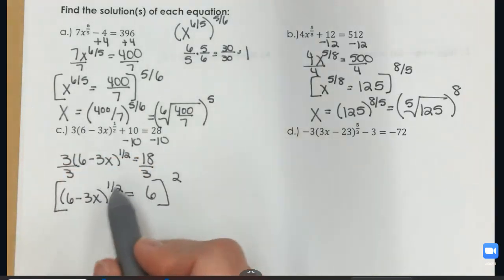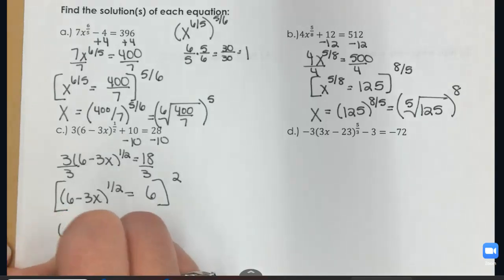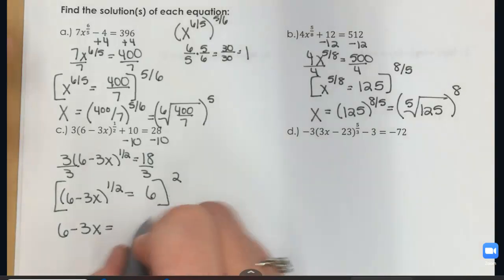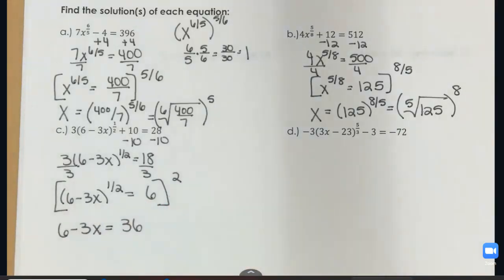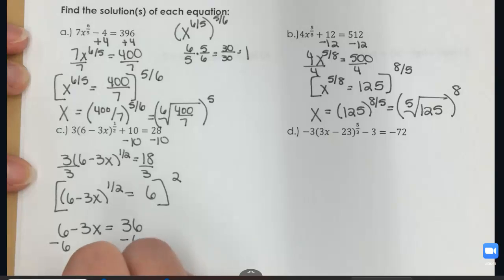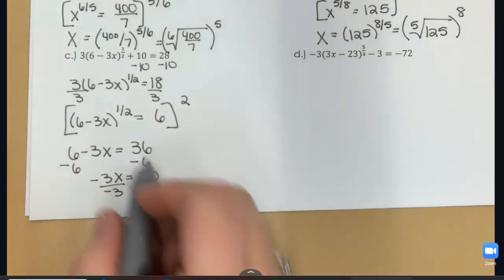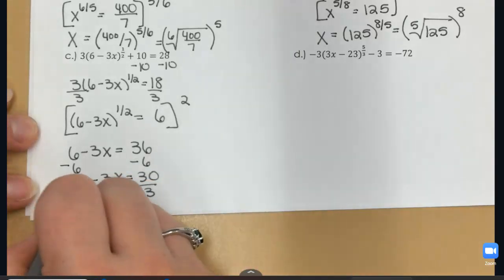Again, that will cause my exponent on 6 minus 3x to be 1, so it's just going to be 6 minus 3x. And I know how to square 6, right? That's just 36. So this one is going to have a normal rational answer. Not all of them will, but if they do, it's well within your abilities to finish it through and solve it. And so on this one, we're going to get that x is -10.